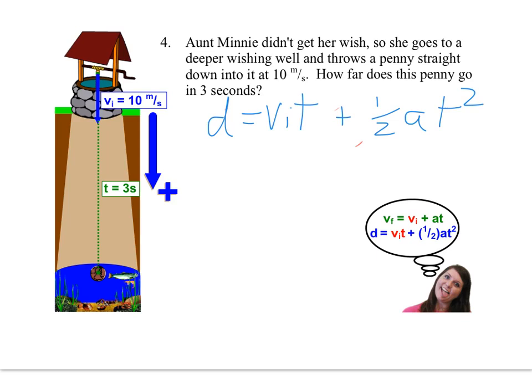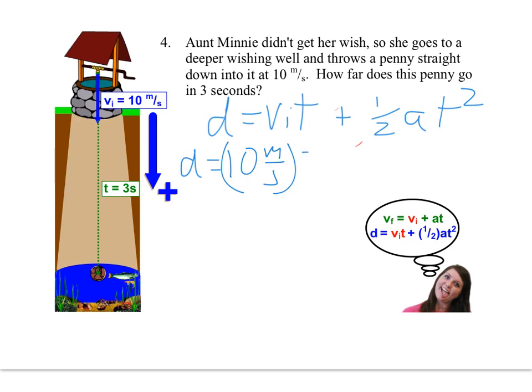So if we look here, we've got this initial velocity of 10. We're keeping down positive. Our time is 3 seconds. And our acceleration, that's going to be due to gravity. So look what happens. D equals VI, which we're told right here is 10 meters per second. It says how far does this penny go in 3 seconds?